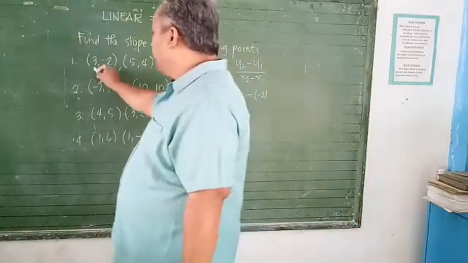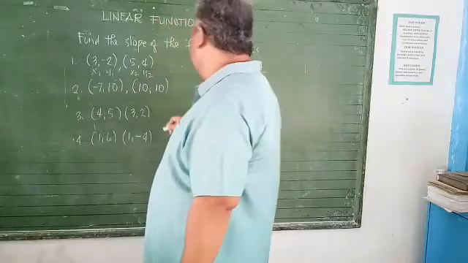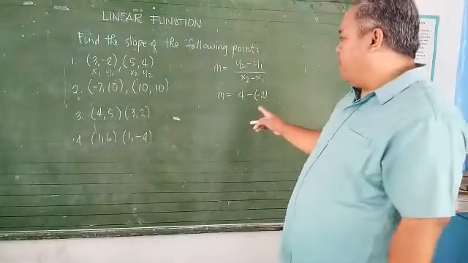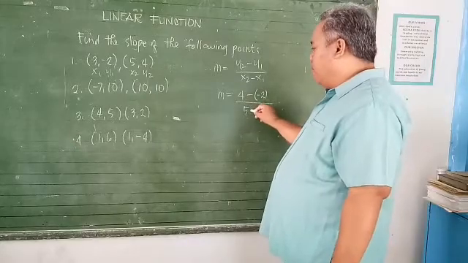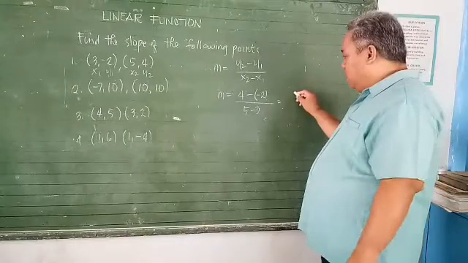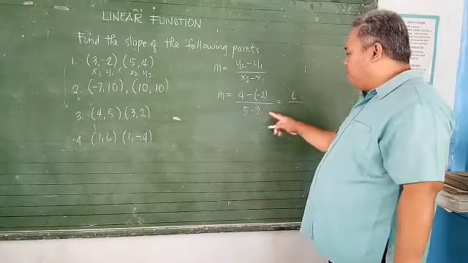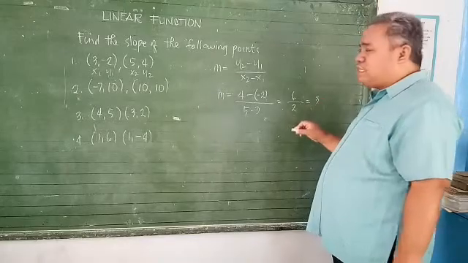Right? You can label x sub 1, y sub 1, x sub 2, y sub 2. So 4 minus negative 2 all over 5 minus 3. So it will give you 6, and then 5 minus 3 is 2. So this is 3. So it's a positive slope.